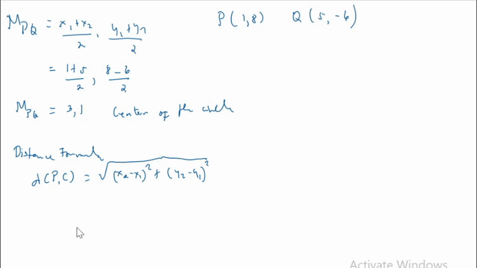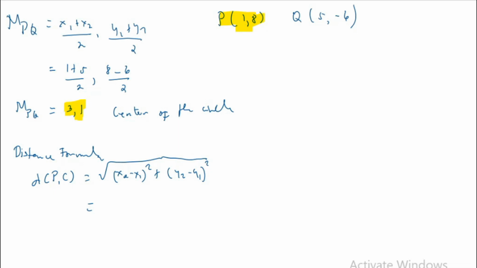So that is now our distance. Using these coordinates, which is the center, and one of the endpoints of the circle, which is the point P, I can let this one be my x sub 1, y sub 1, and this is my x sub 2, y sub 2.